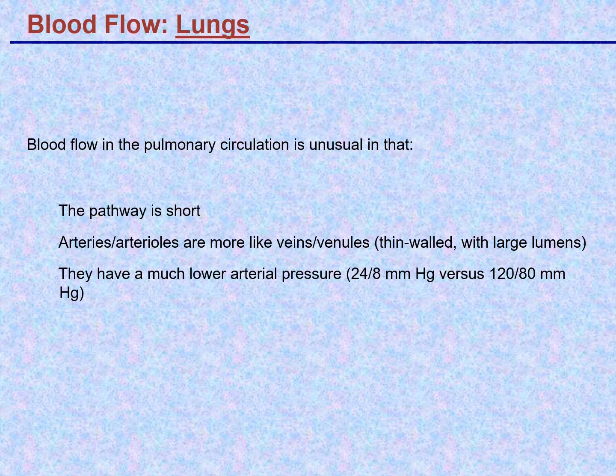So they do have a higher pressure than venous pressure, but it is nowhere as high as the arterial side of the systemic circulation, which is at 120/80. And in the pulmonary circuit, the arterial pressure is only 24/8.